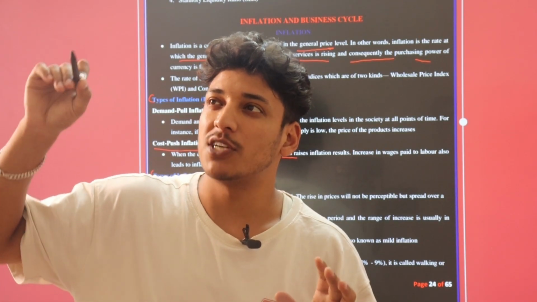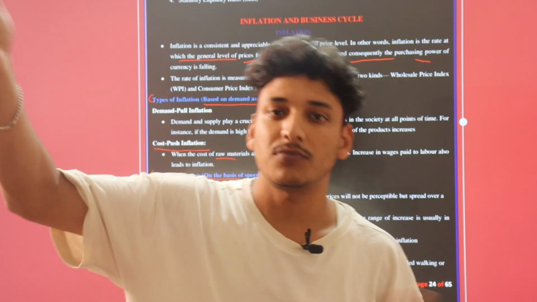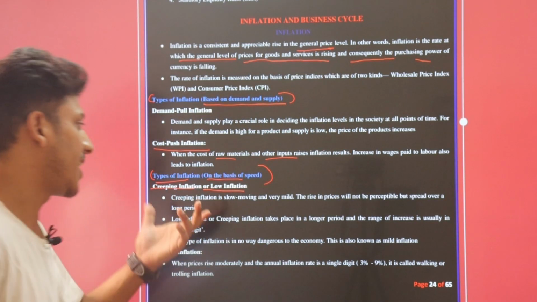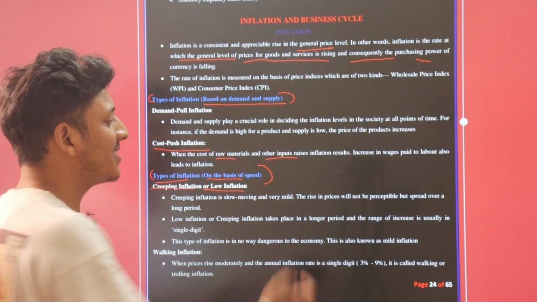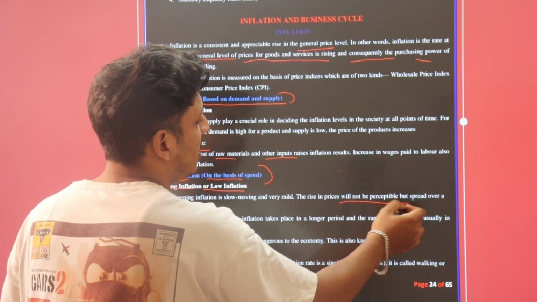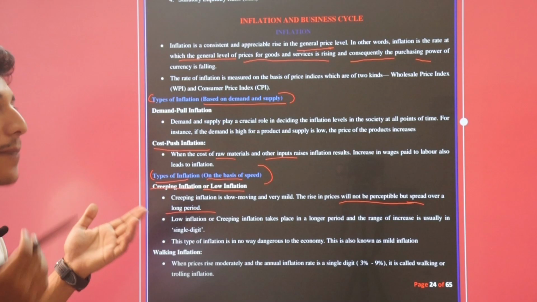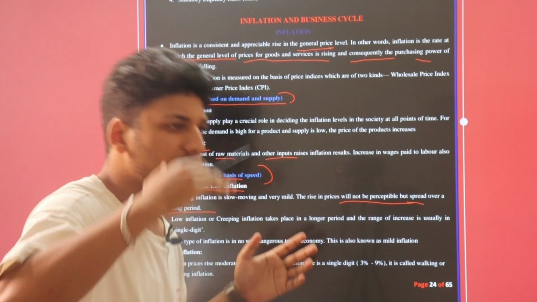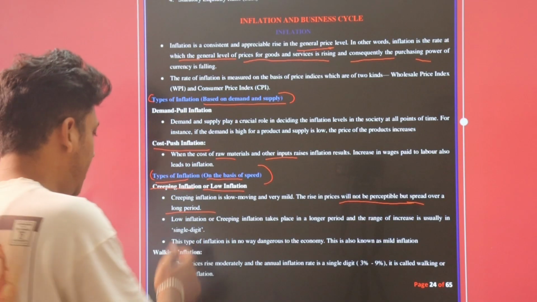You can see the change in the economy, 3% drop or 3% plus. Anything can happen. Crippling inflation is slow moving and very mild. The rise in price will be perceptible but spread over a long period of time. It means the price is slowly increasing over a very long period. Okay, that is crippling inflation.